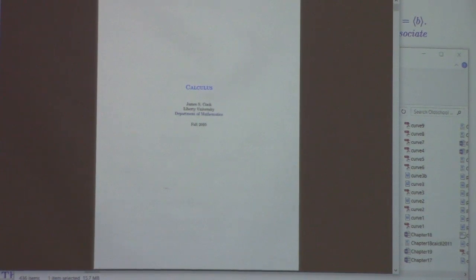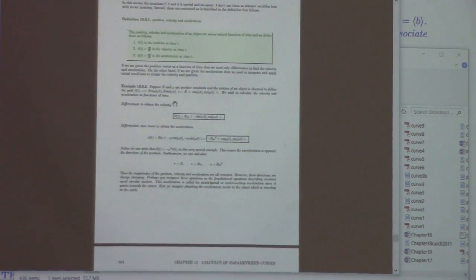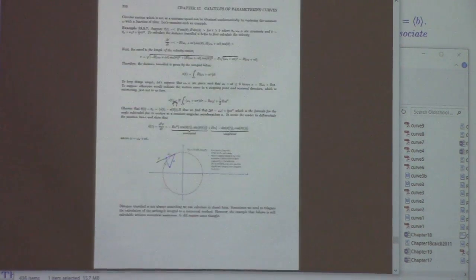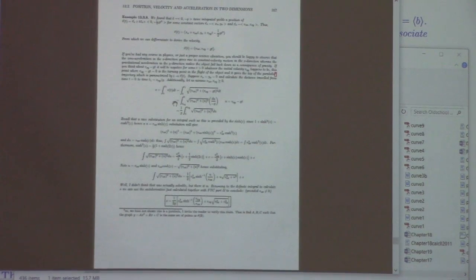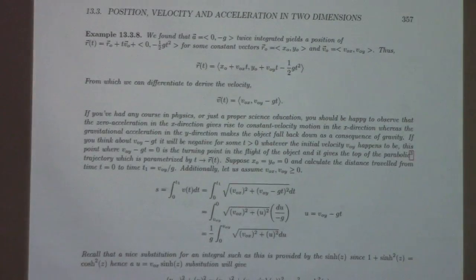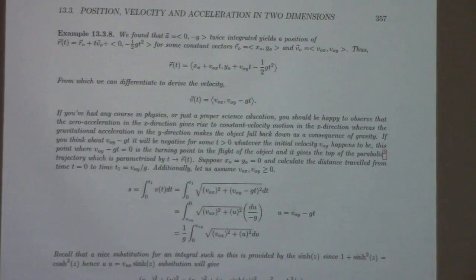Of course, Adobe has its own stupidity. There we go. Sorry, guys.